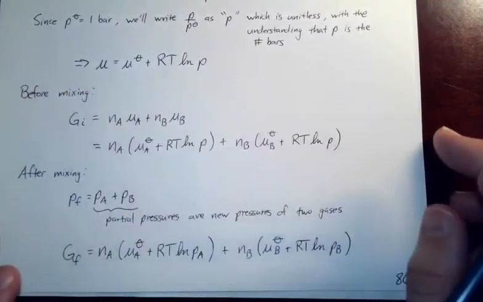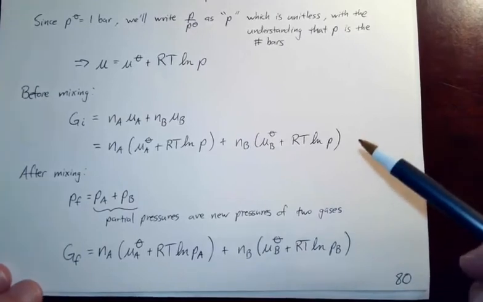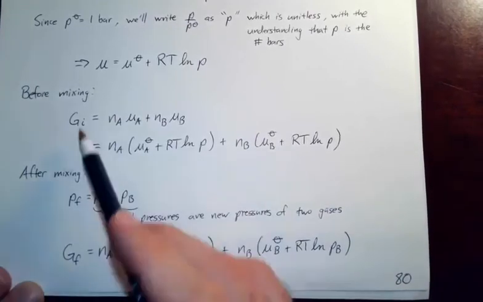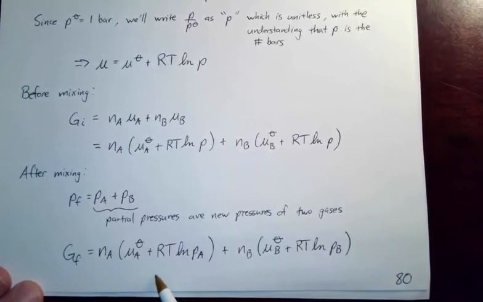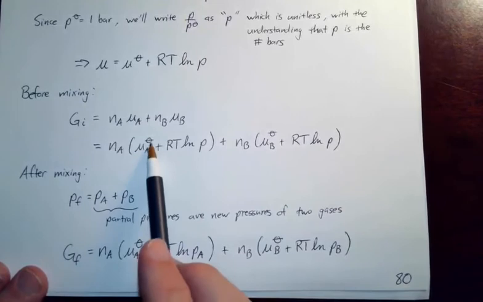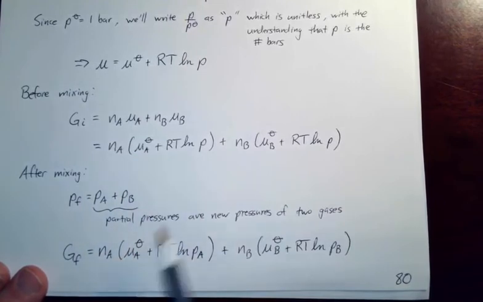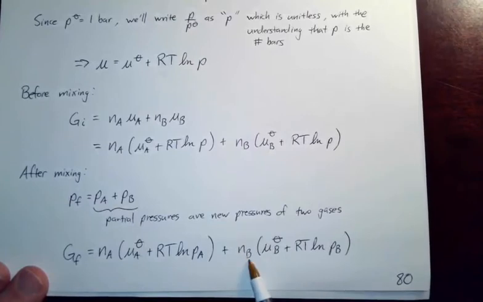All right, so now I want to subtract these. I want to find delta G, which is going to be G final minus G initial. So before I flip the page, let's just take a look at this. If I subtract this formula from this one, the NA mu A standard term is going to cancel, and the NB mu B standard terms are going to cancel when I subtract.